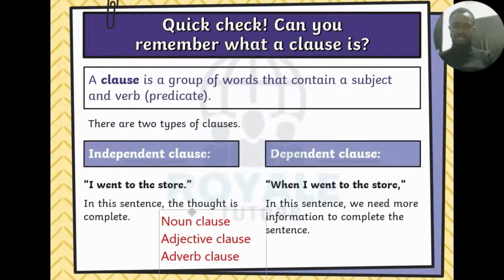Let me put it somewhere here. Oh, you would say, but sir, there is no relative clause here. These are the three major types of dependent clauses that we have. But guess what? An adjective clause is also a relative clause. I'll say that again. An adjective clause is also a relative clause.